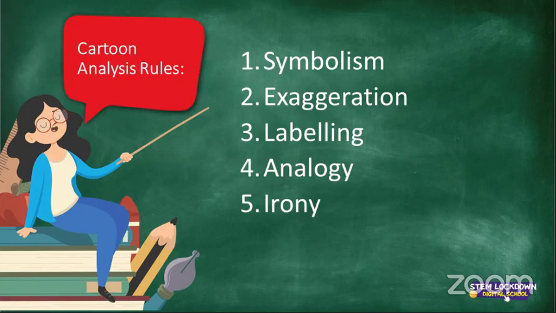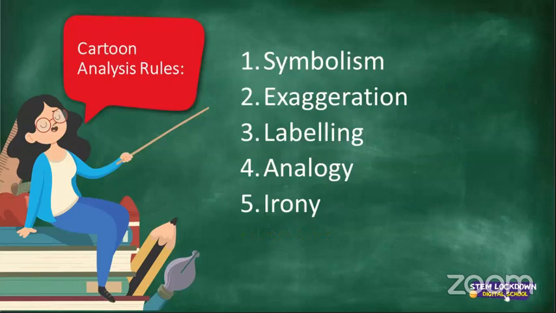There's something that I prepared for you guys today that we can use so well on it, because it has all five factors of cartoon analysis available for us to do.